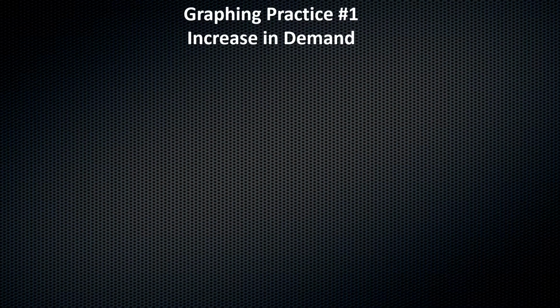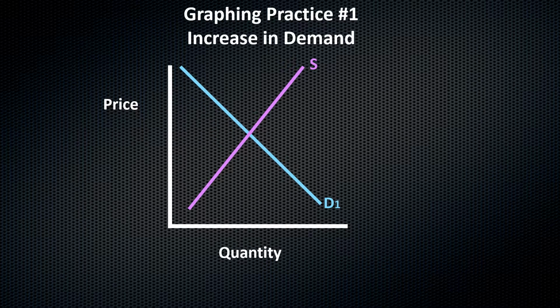All right, let's look at this first practice problem, increase in demand. So I'm going to draw in price and quantity. I'm going to draw in my supply curve and my demand curve. And then I'm going to make sure that I draw in these little dash lines here for QEQ1, that's quantity equilibrium 1, and PEQ1, price equilibrium 1. And my demand line, I'm going to draw my arrows.